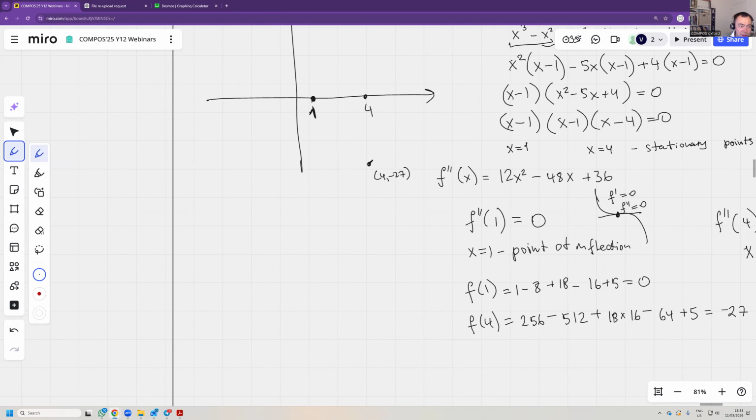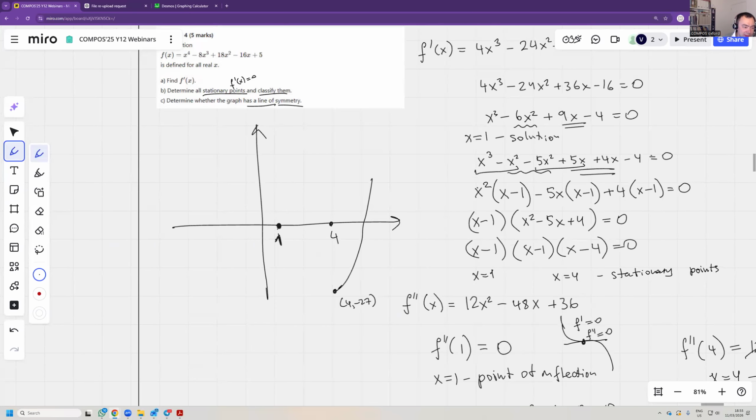That's the minimum point. We already know that. That's an inflection point. And we know that the function goes like this. Then it goes like, so this is an inflection point.